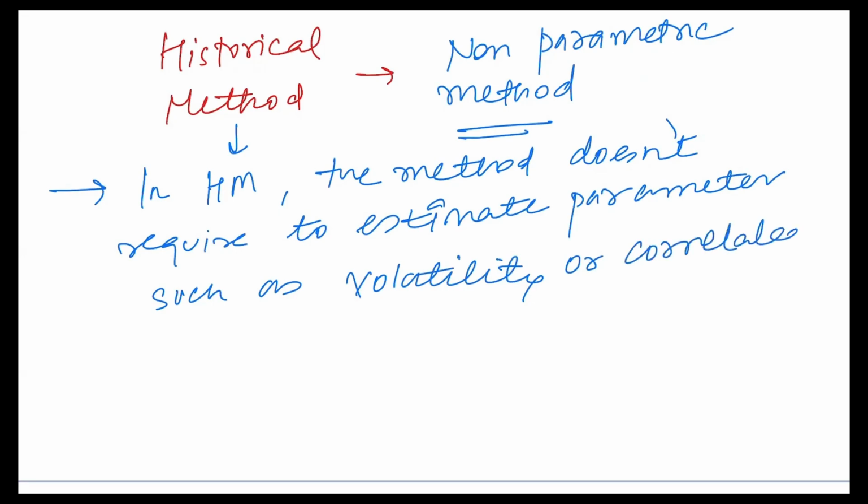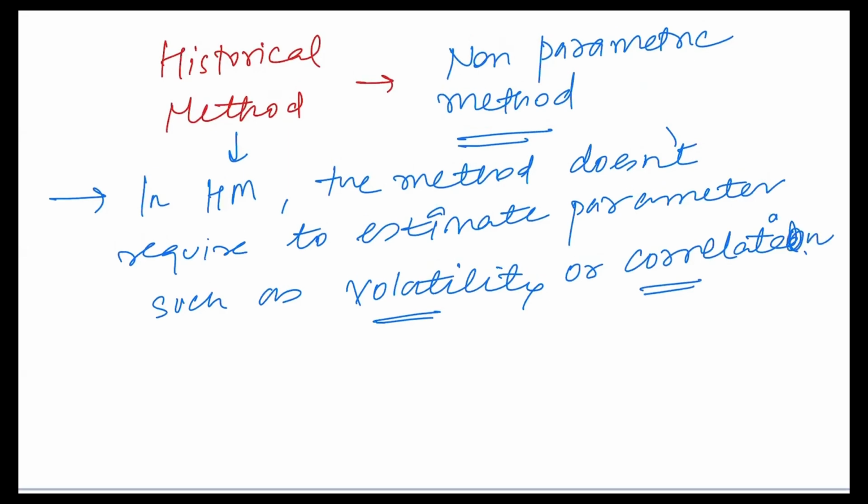Because if you have seen my variance covariance method video, in that method we calculate both the volatility and the correlation. But in this method we do not need to calculate them, and that is why it is called a non-parametric method.